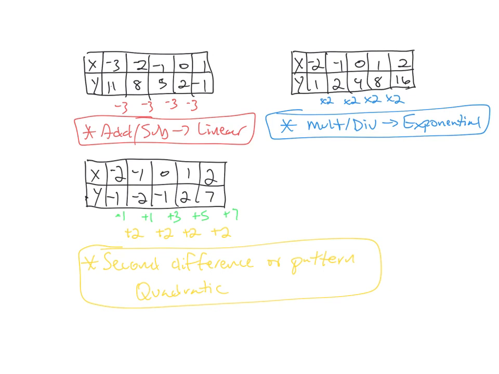But you'll have, I think it's 4 graphs or 4 charts to look at. And again, the answers to every question on the assignment today are either linear, exponential, or quadratic. Okay, so hopefully pretty straightforward for you.